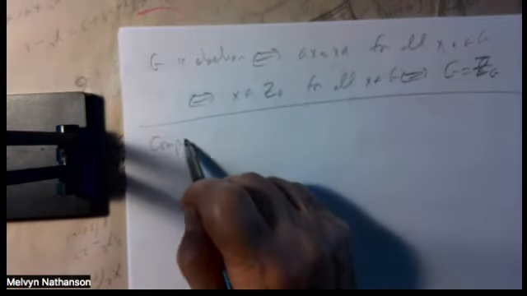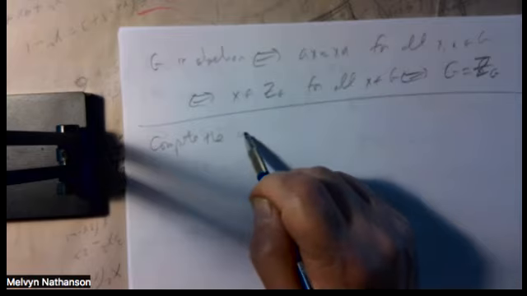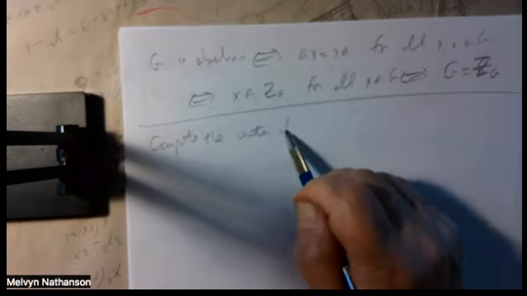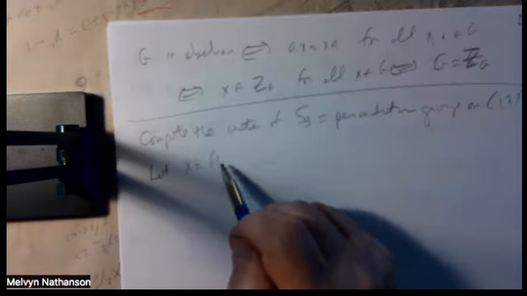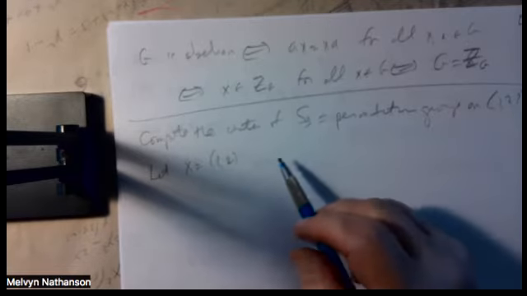What is the center? Let's try to compute the center of S3. S3 is the permutation group on the set 1, 2, 3. Now, suppose I let X be equal to, let's say, the transposition (1 2).